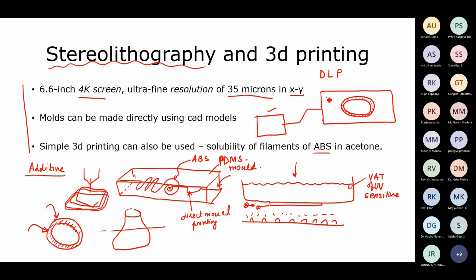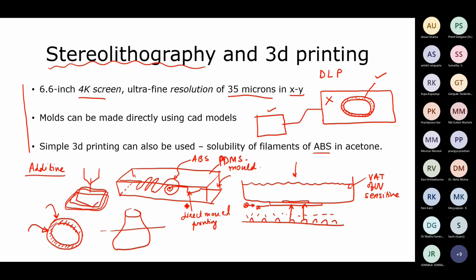UV light is being blocked by these regions, while it is only able to pass through this annulus. So UV light goes like this, and it therefore hardens a layer like this in the vat. There will be a layer formed which will be exactly this annulus.